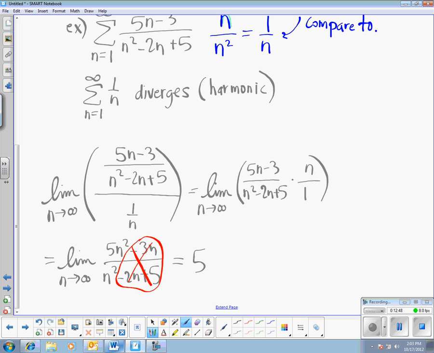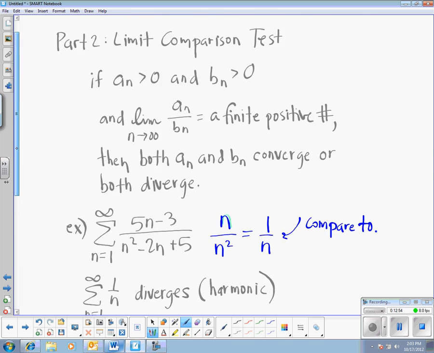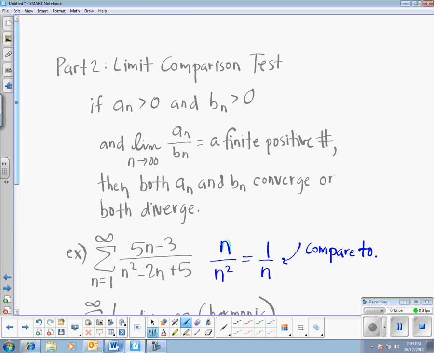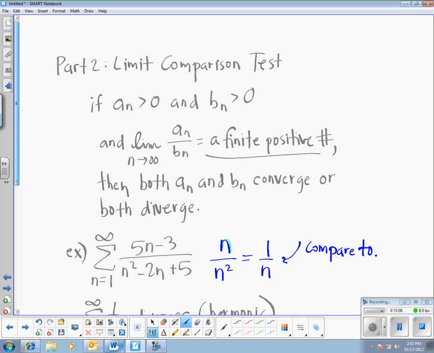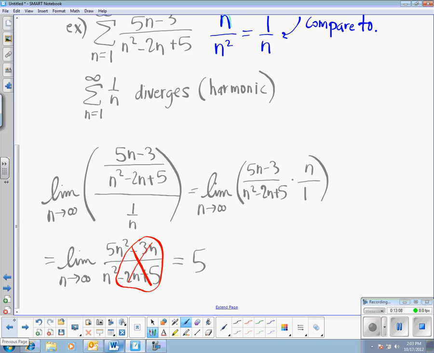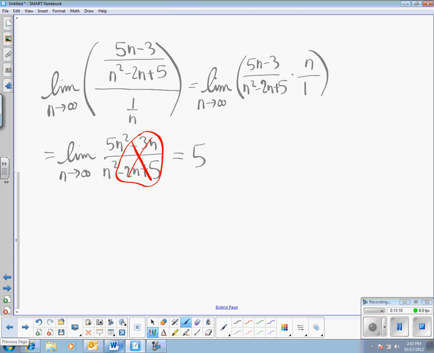So now, don't say that your series converges to 5. Just use the test and use the conclusions that you can make. The test says, if this limit, which I just found, turned out to be a finite positive number, such as 5, then a sub n and b sub n either both converge or both diverge. So I basically know that they act the same way, speaking of convergence.